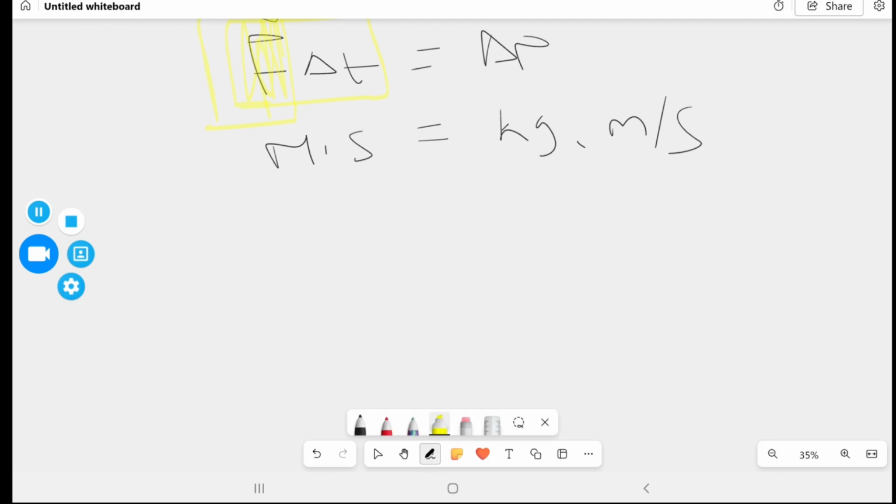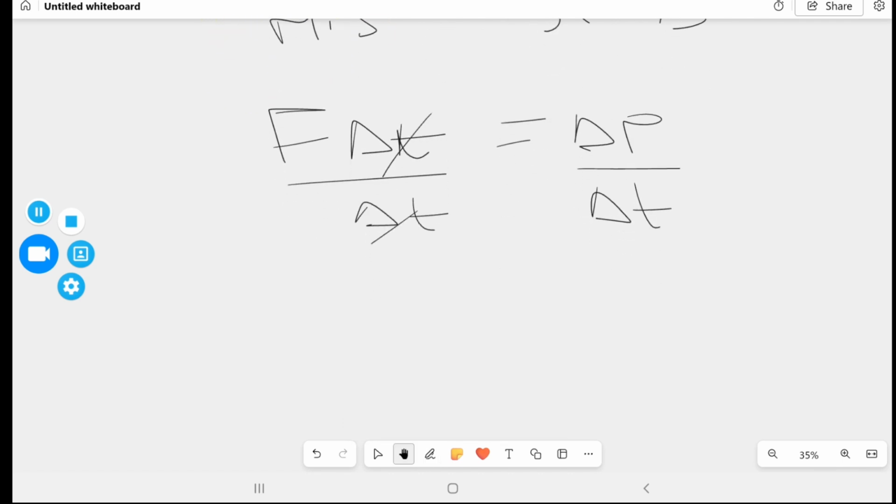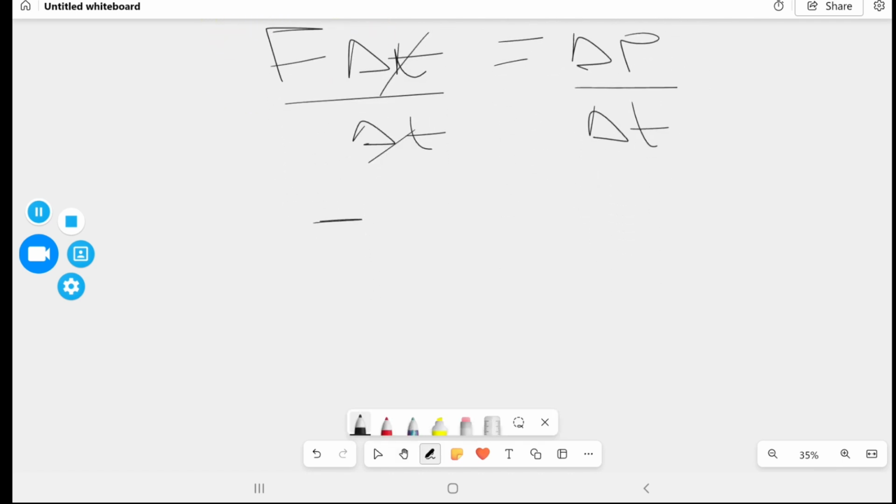You know what you do on the left-hand side, you have to do on the right-hand side. So we're going to be left with F on this side. Let's just rewrite it down first. We divide by time, and now we are left with F equals change in P over change in t.